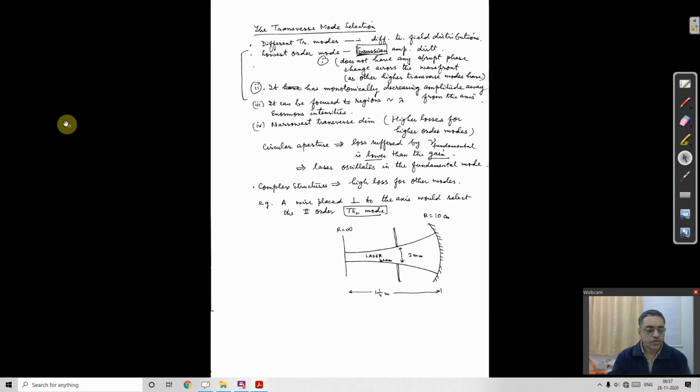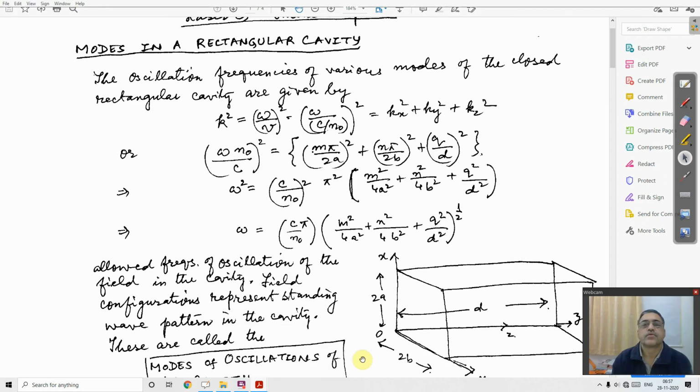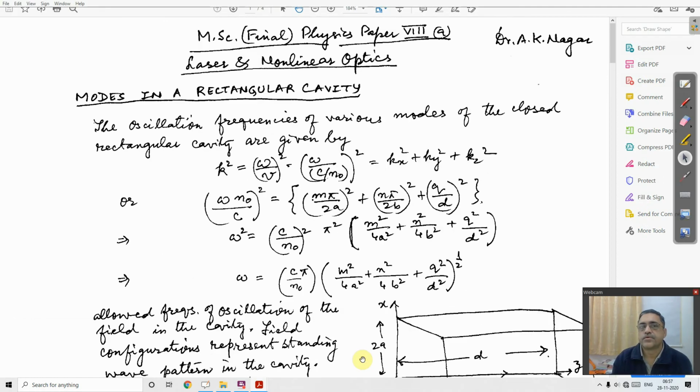During the last lectures we studied what a cavity resonator is physically, and we solved its dimensions and a bit of mathematics.